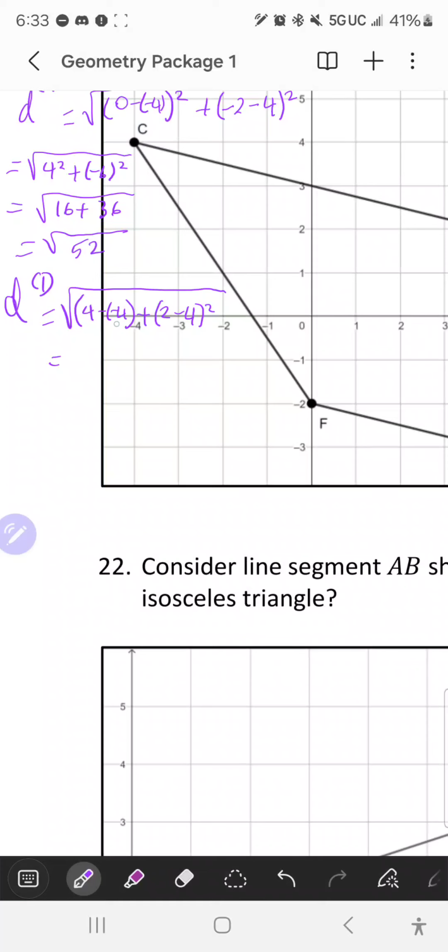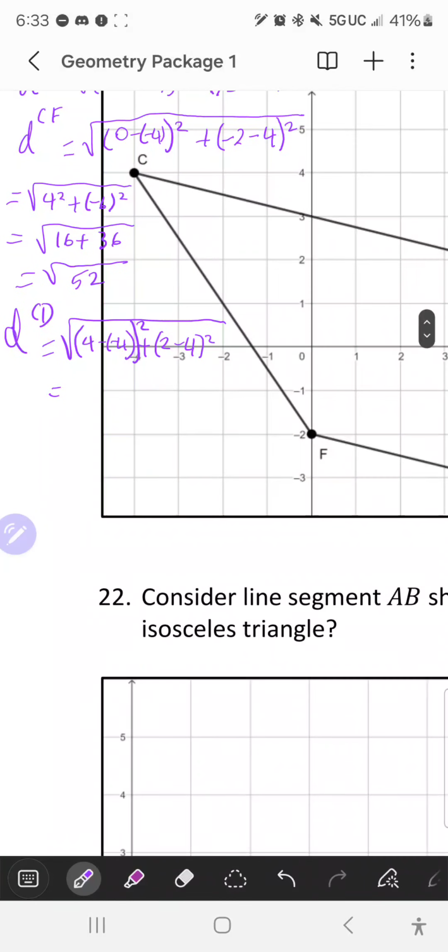Minus minus is positive. Oops, I forgot to put the square here. So 4 plus 4 is 8, so this is going to be 8 squared plus (2 minus 4) squared. They have different signs, so we subtract them and leave the sign of the greater one.